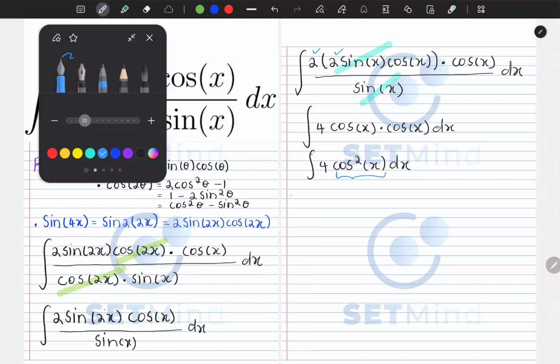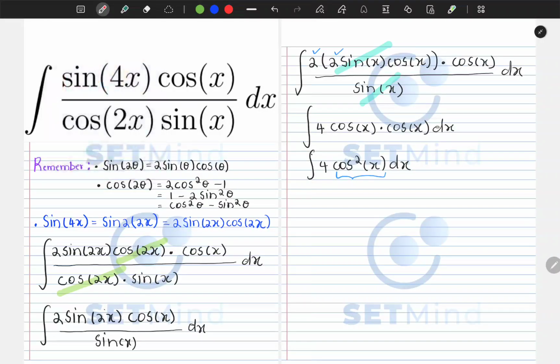Well, let's think carefully. Remember previously, I told you that cos of 2 theta is the same as 2 cos squared of theta minus 1. So if you solve for cos squared theta, you'll see that you can transpose the 1 such that what we have is 1 plus cos 2 theta equals 2 cos squared theta.